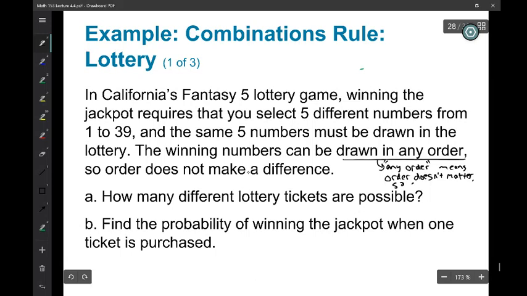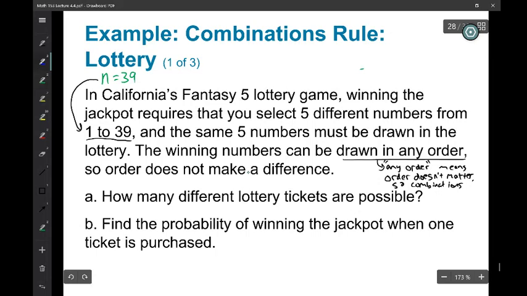So combinations. All right, so there's 1 to 39 total numbers. So the total possibilities is n. Let me use colors. So n is equal to 39.